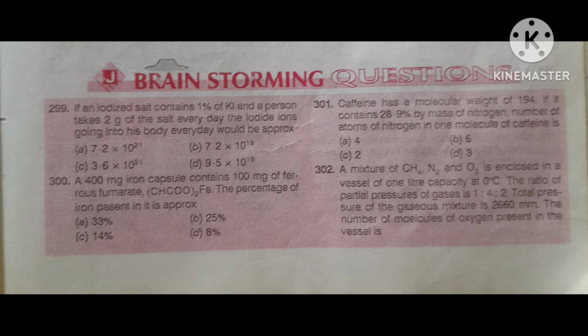Then in the question, it is given 28.9% by mass. Okay, means 194 gram, milligram, whatever you can tell, or AMU, contains 28.9.